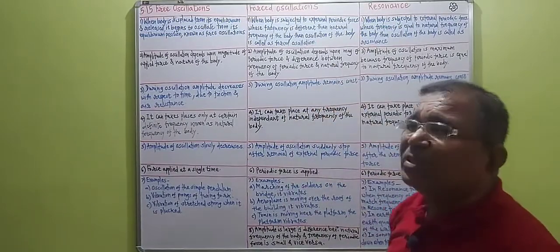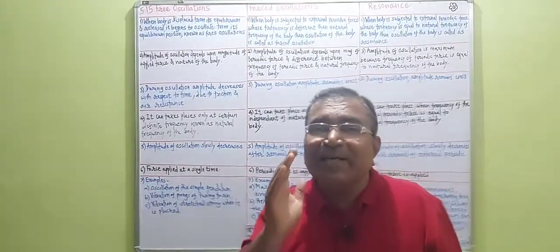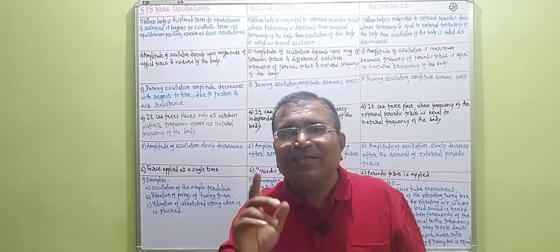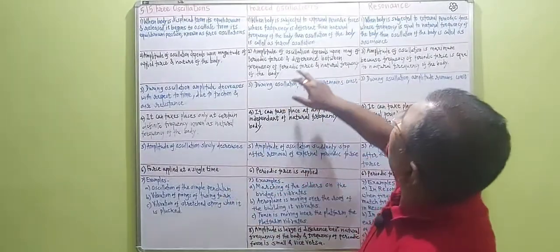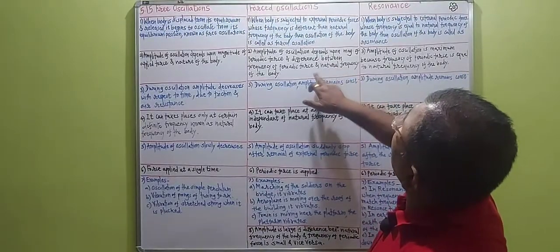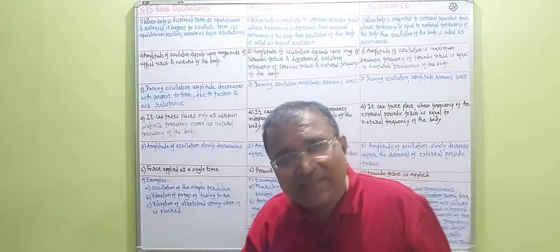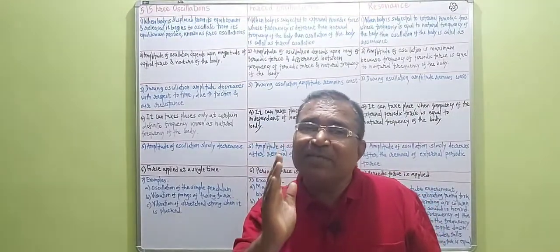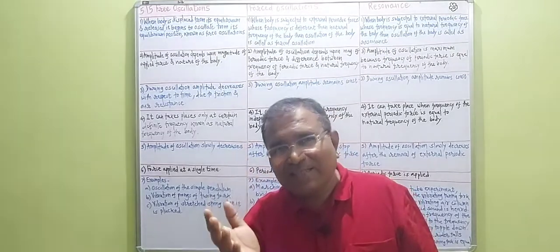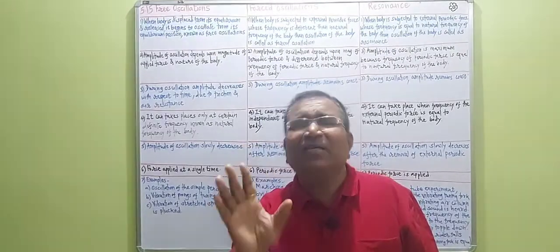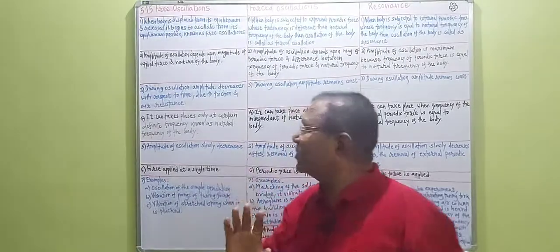Amplitude of oscillation depends upon the periodic force and the difference between the natural frequency and the frequency of the periodic force. There is always a slight difference between the frequency of the periodic force and the natural frequency, because the vibration is forced vibration.